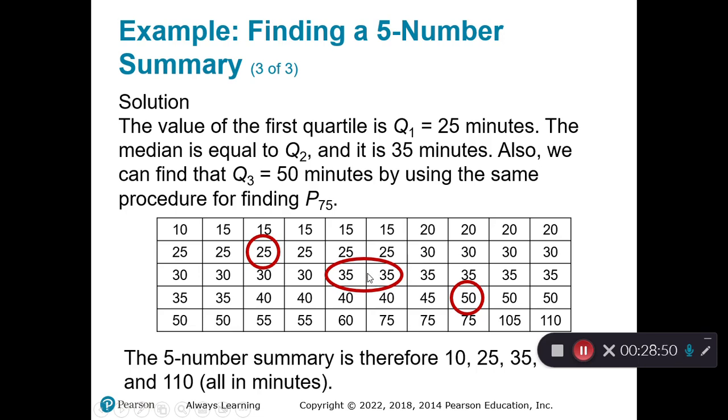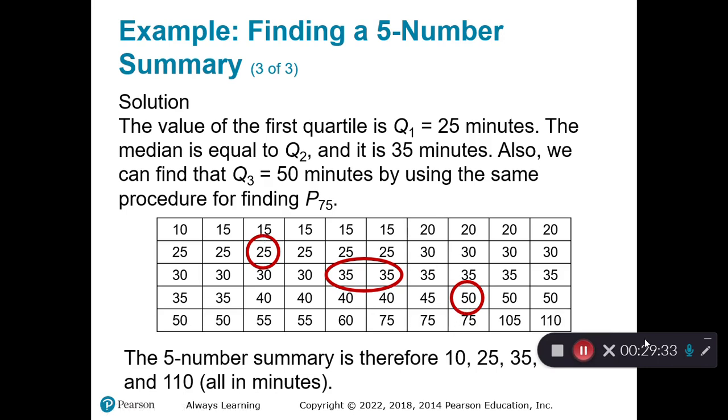Then, if you look at the list that has the 25 higher values, and you were to find the median of that list, you would find the third quartile. So think about it as you're folding a paper in half, and then you're folding that in half again to get four rectangles. You first cut the list in half by finding the median, and then you cut each one of those halves in halves again to find the first and the third quartile. So finding the median of the lower half and finding the median of the upper half will give you the first and the third quartiles, which in this case are 25 and 50.